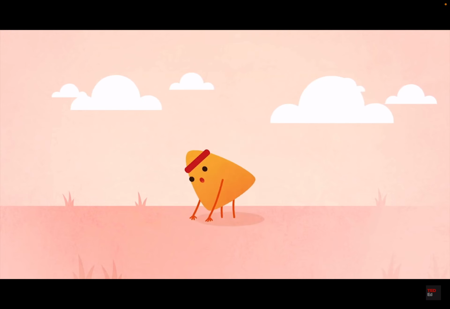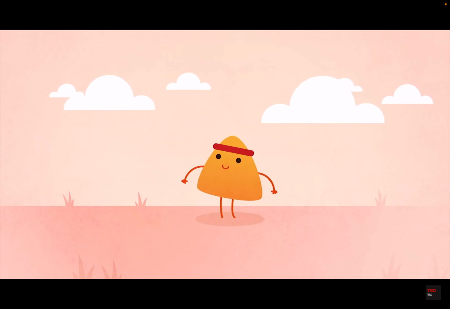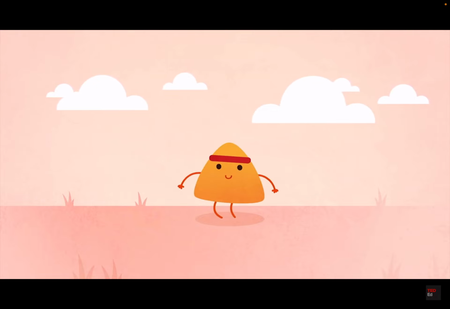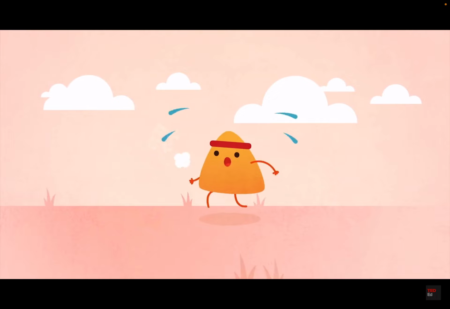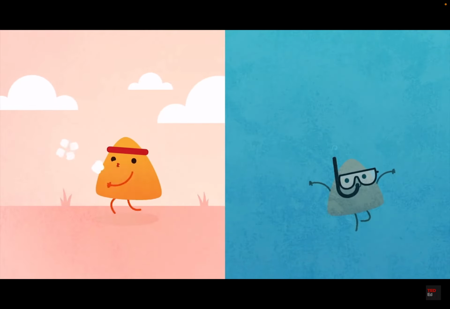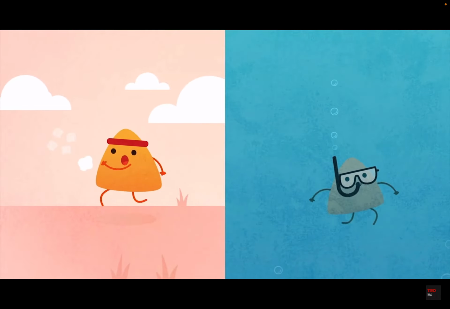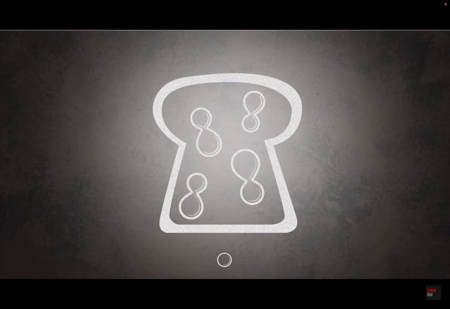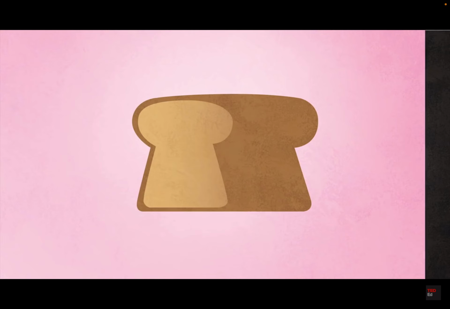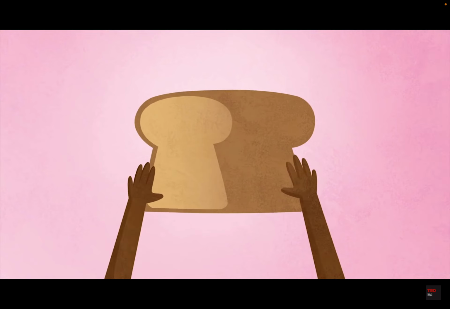In the aerobic or oxygen-dependent pathway, the yeast consumes some of the sugar and produces carbon dioxide gas, or CO2, and water. In both processes, the CO2 accumulates and creates tiny bubbles. These bubbles get trapped by gluten and create a sponge-like structure that gives the bread its soft texture.